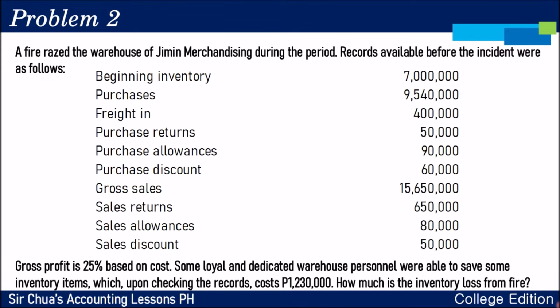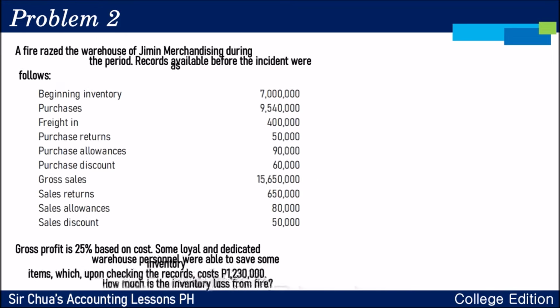So, wag naman sana, discussion purposes lang po ito, pero syempre, hindi natin maiwasan, di ba? Na nagkakasunog talaga minsan. So, ito po yung mga scenarios na yon. Okay? Sige. Let's compute for the inventory loss from fire using this problem.